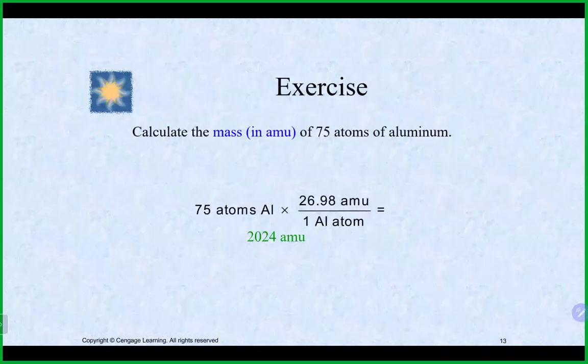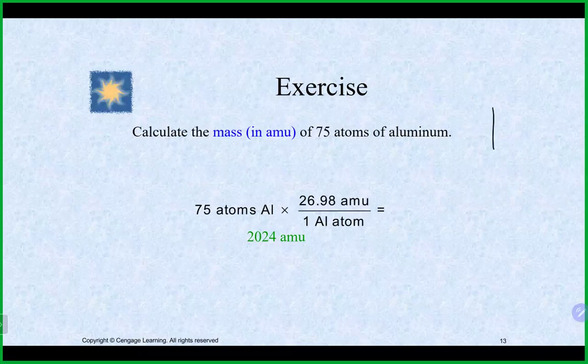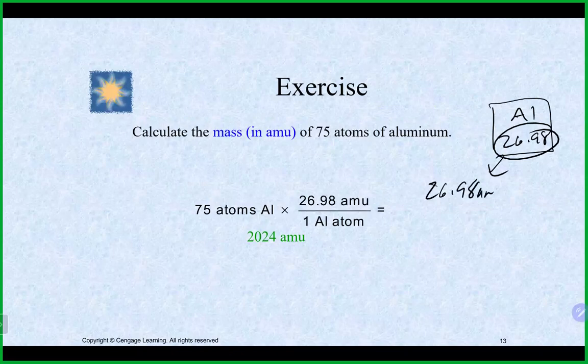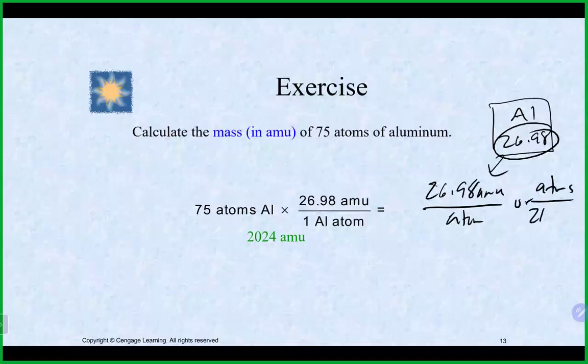Same thing here with aluminum. If we take a peek at aluminum on the periodic table, we will see 26.98, which gives us two AMU conversion factors: 26.98 AMU over an atom, or an atom is 26.98 AMU.